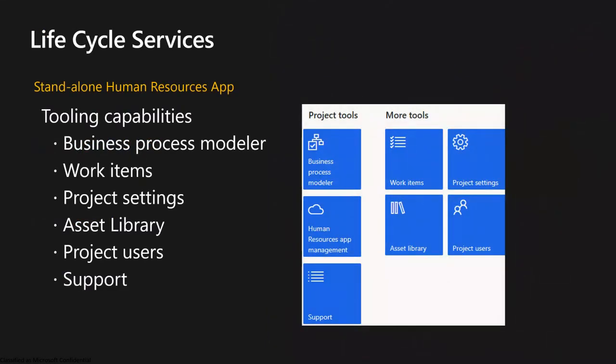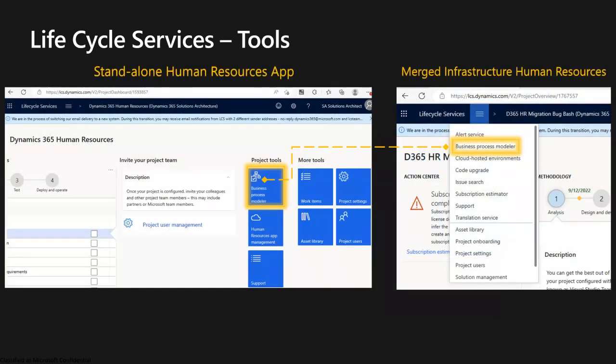In the standalone human resources app, you use LCS to manage HR instances, and these are the key tools available there. In the next slides, we will review the differences when we move to the finance and operations infrastructure. For example, business process modeler is for managing business process models for your HR implementation.